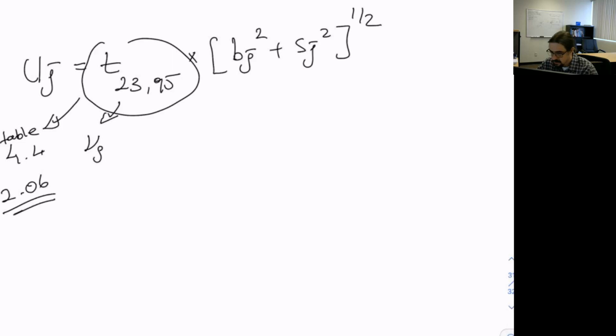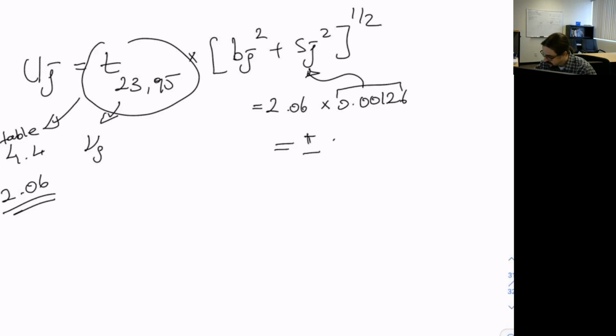So U rho is going to be 2.06 times 0.00126, which is this term if you're calculating it. Therefore, U rho is going to be plus minus 0.0026 lbm per feet cubed at 95 percentile.